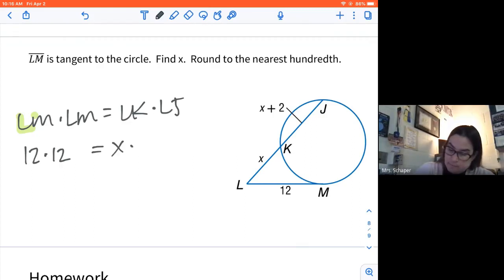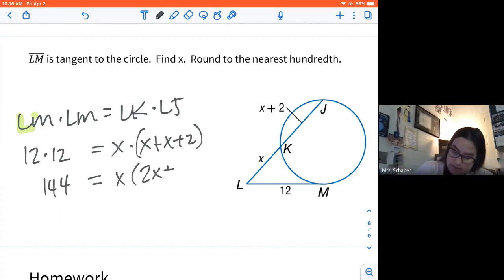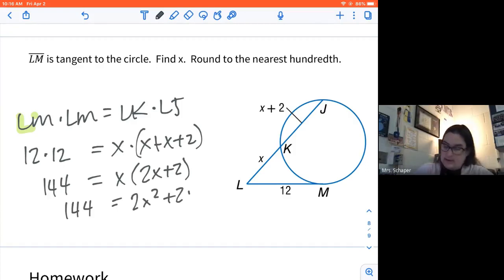So we've got 144 is equal to X times 2X plus 2. So 144 is equal to 2X squared plus 2X.